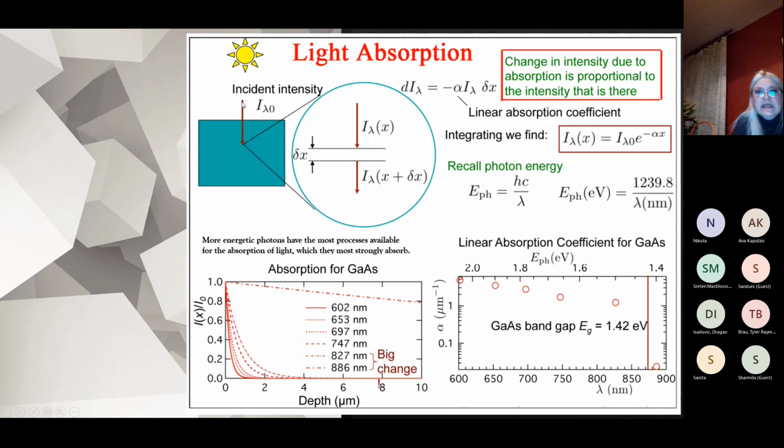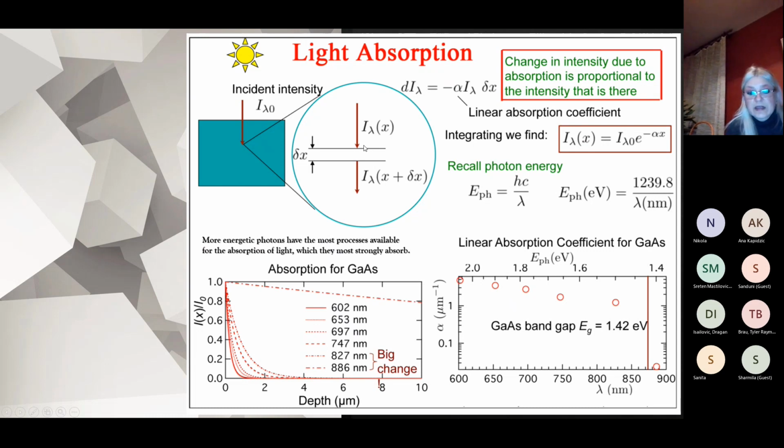The incident light with some intensity penetrates into matter to some depth, delta x. If that light is absorbed by matter of thickness delta x, the intensity will change: the incident light intensity will be higher than the intensity after absorption through the matter.